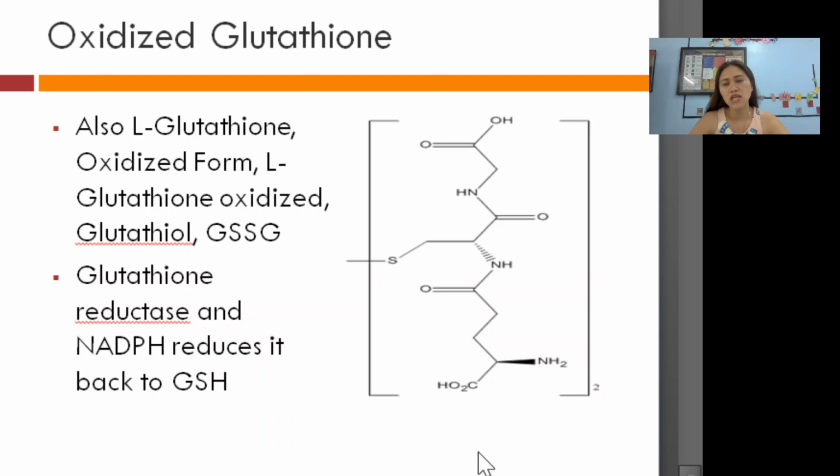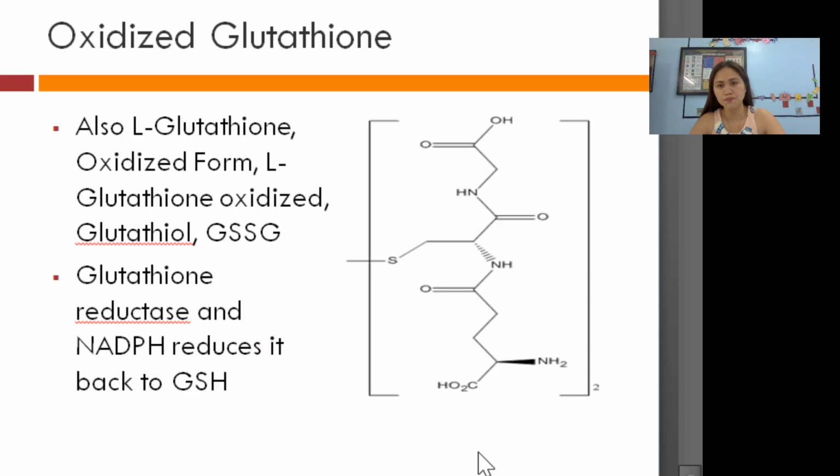So, oxidized glutathione. We have discussed the reduced glutathione. Now let's discuss the oxidized glutathione shortly. Oxidized glutathione is also known as L-glutathione oxidized form, or GSSG. It must be reduced in order for the hydrogen peroxide to be dissociated into water and oxygen.